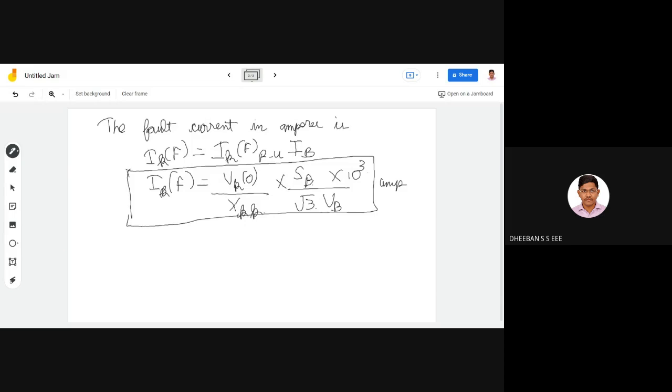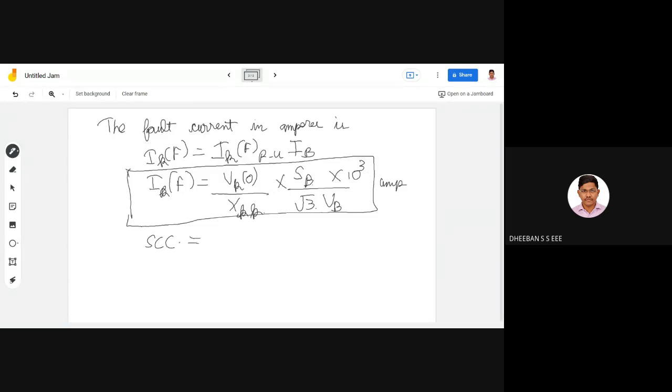And now if you are substituting this value in the formula of your short circuit capacity, that is SCC, what happens?